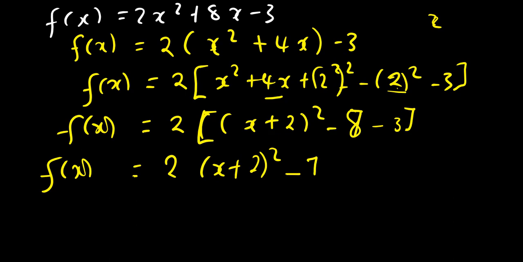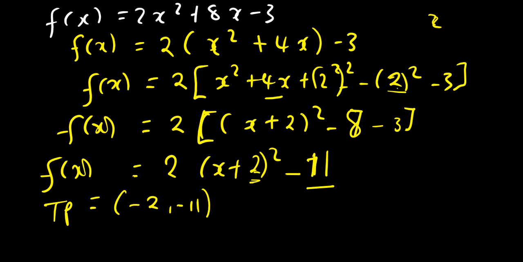This should have given us negative 11. Then the turning point in this case: this one is positive 2, now it's negative p, so in this case it is negative 2. Then for your q, you just get the constant, which is negative 11.